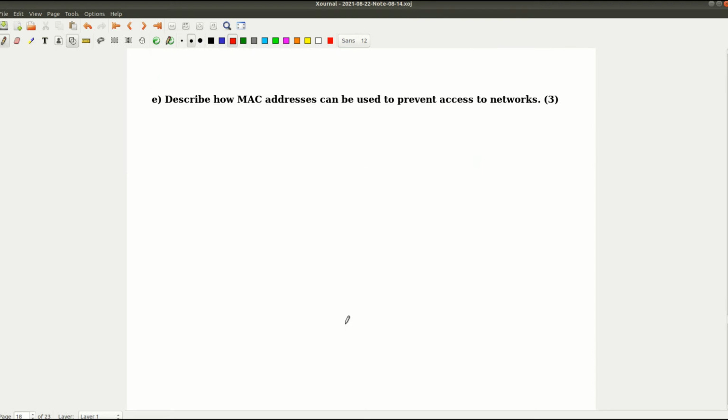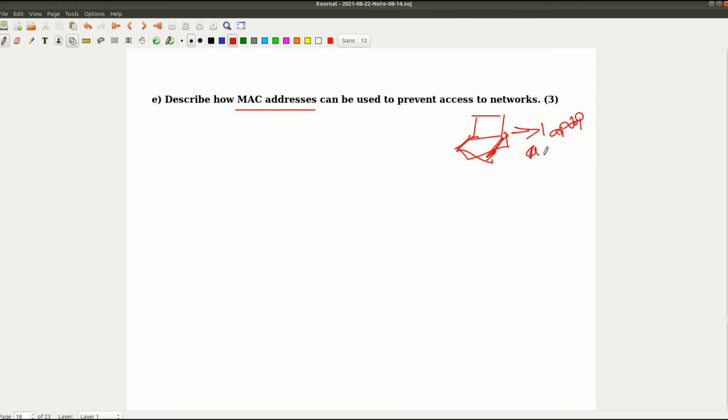Describe how a MAC address can be used to prevent access to the internet. Okay, so what's a MAC address? Each of our laptops has its own address. This is a laptop's personal address.